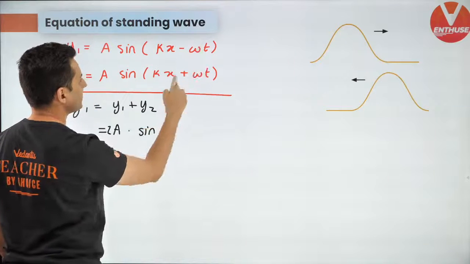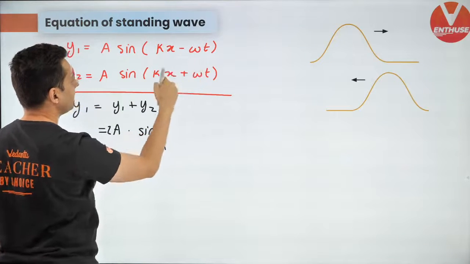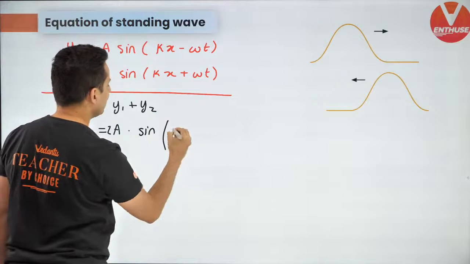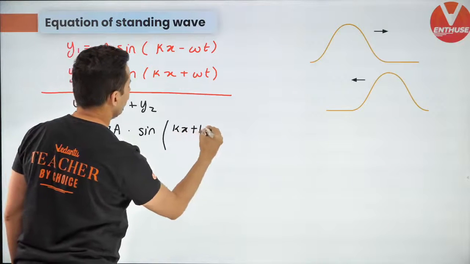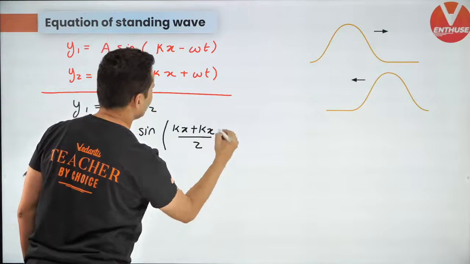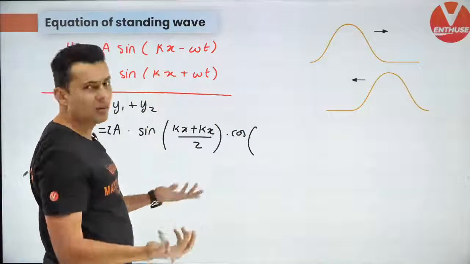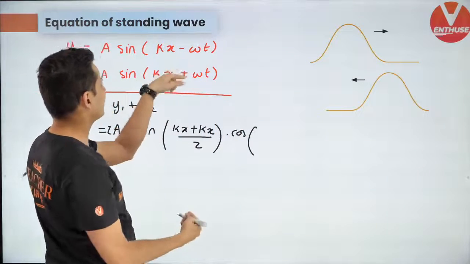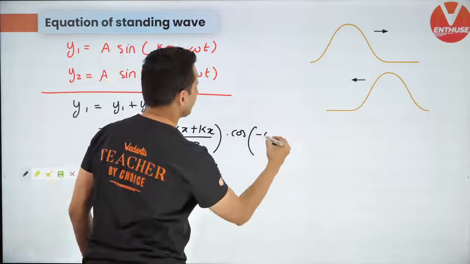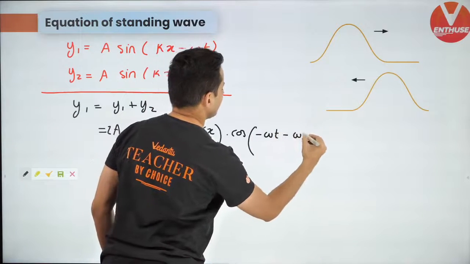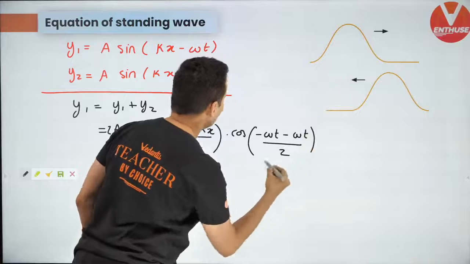Now C plus D is (kx minus omega t) plus (kx plus omega t), so it will be (kx plus kx) by 2, into cos of (C minus D) by 2, or (D minus C), one and the same thing, guys. Anyway, that gives minus omega t minus omega t, divided by 2.